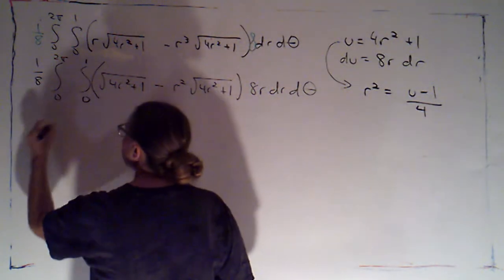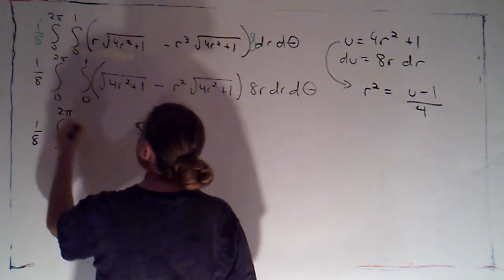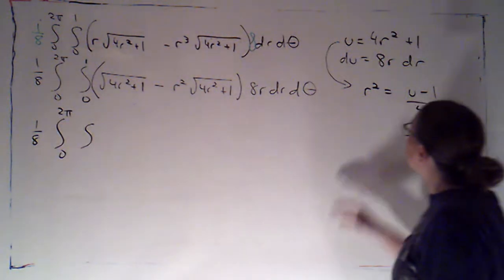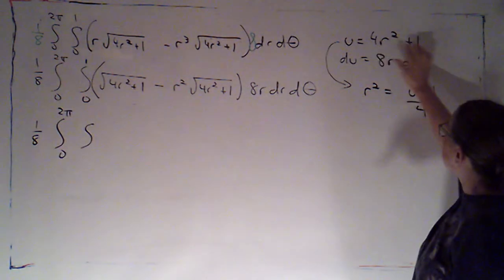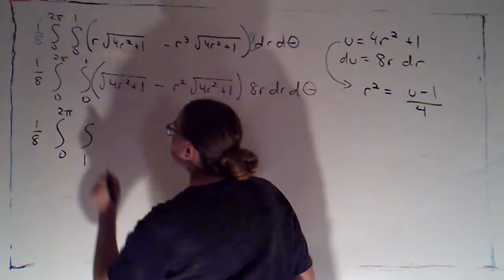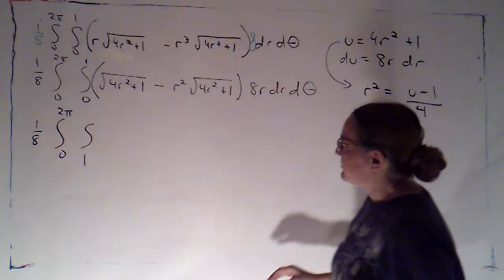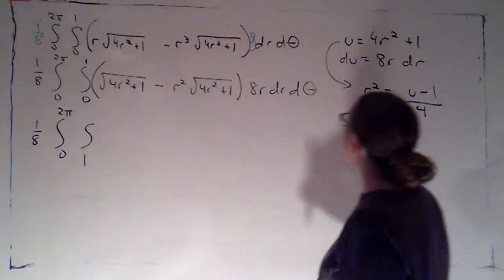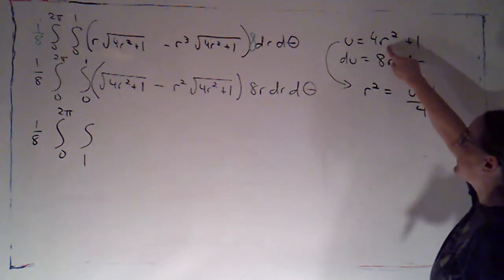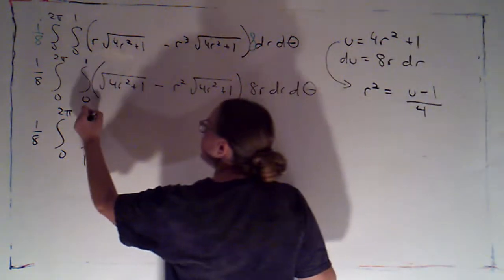So we'll have 1/8 integral from 0 to 2 pi. Integral from the u value at 1 is going to be 0 plus 1 is 1. I'm sorry, the u value at 0. The u value at 1 is 4 times 1 squared is 4, plus 1 is 5.